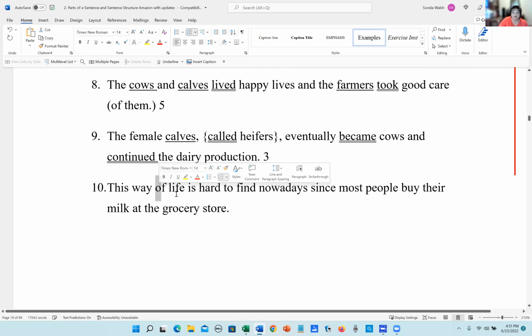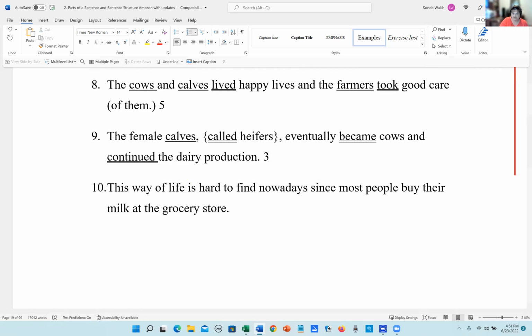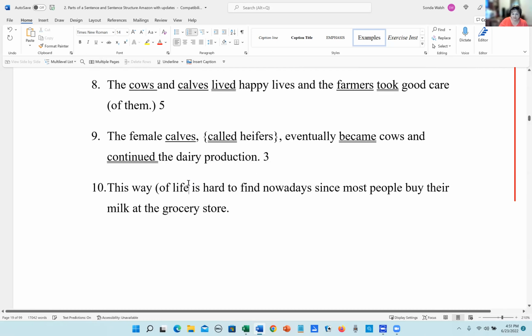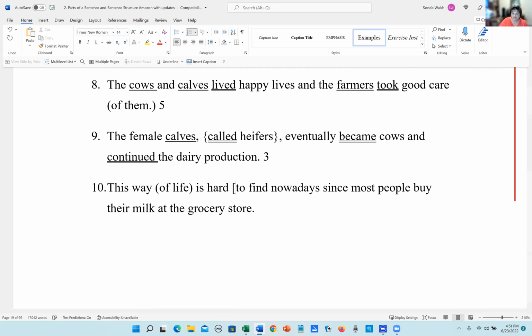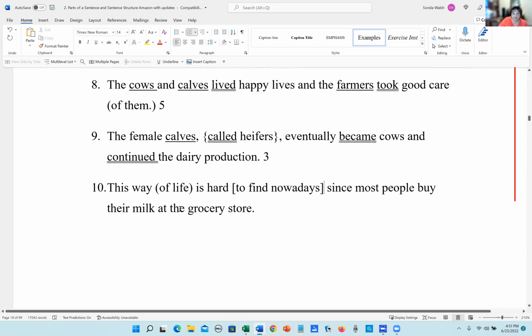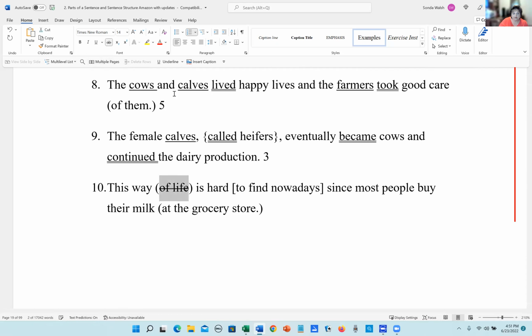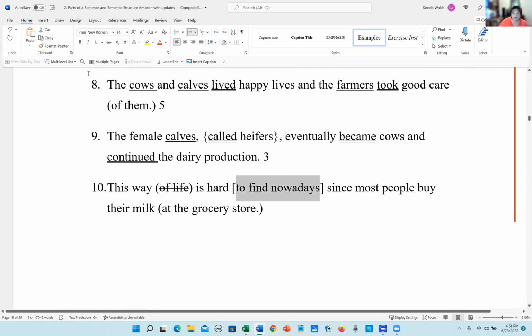Okay, number 10, "of life" is a prepositional phrase. "To find nowadays" is an infinitive phrase. "At the grocery store" is a prepositional phrase. So I can strike through all of that because none of that's going to be my subject or verb.